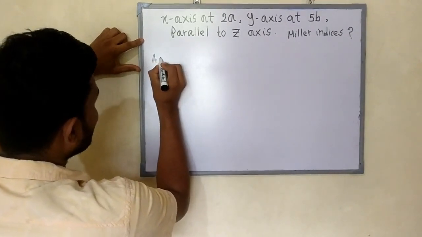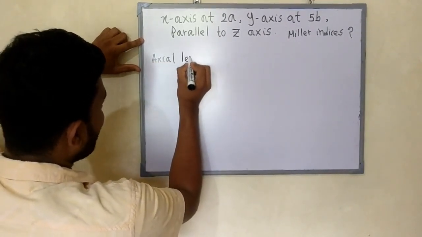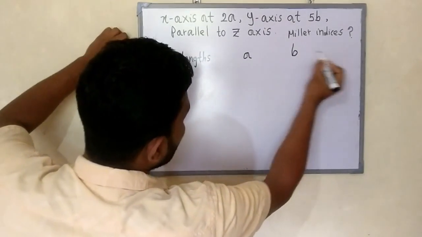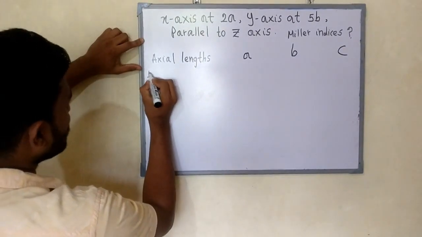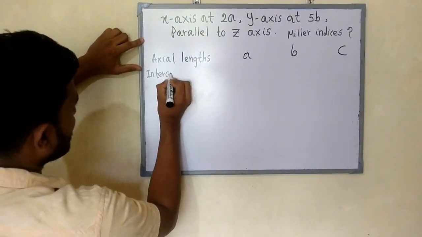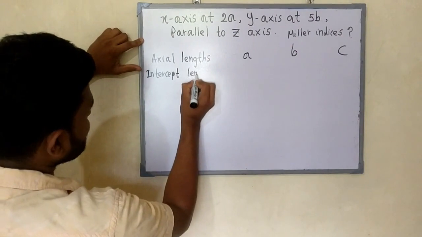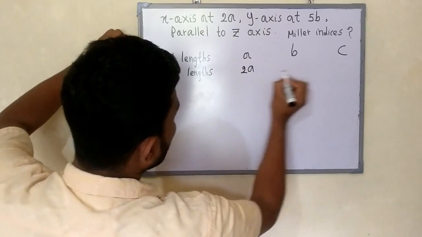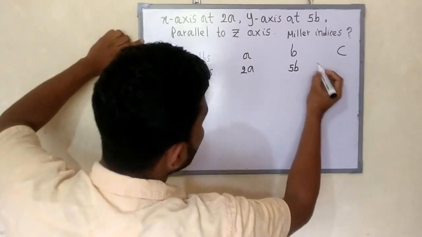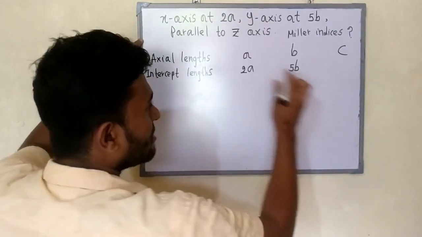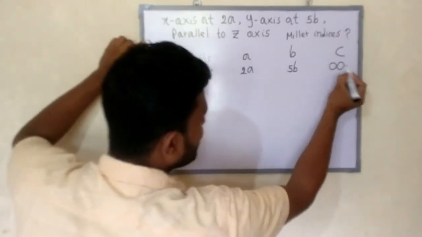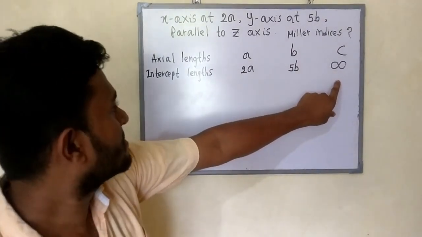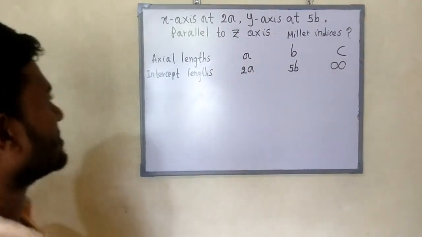So your axial lengths will be a, b and c, and your intercept lengths are given here: 2a, 5b, and this is parallel. That means it is infinity. Here it is parallel, meaning the intercept length is infinity.